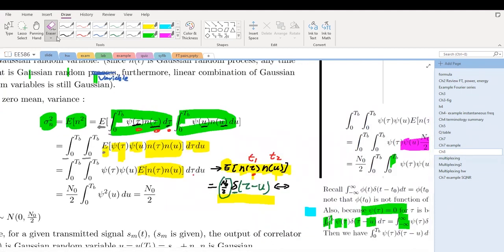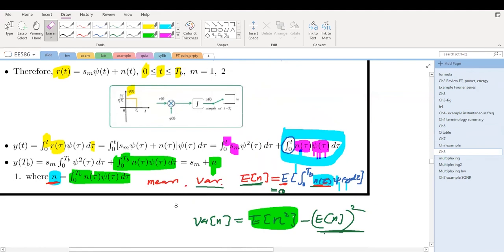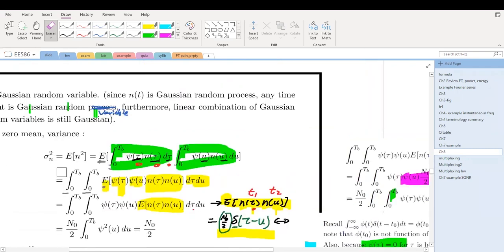Now let's do a recap here. The value of the output at Tb, the end of the duration, equals E s_m plus n. And n is Gaussian, which is zero mean with variance sigma n squared. We calculate sigma n squared by taking the expectation of n squared, because the mean is 0. So this is one term n, and this is another n.